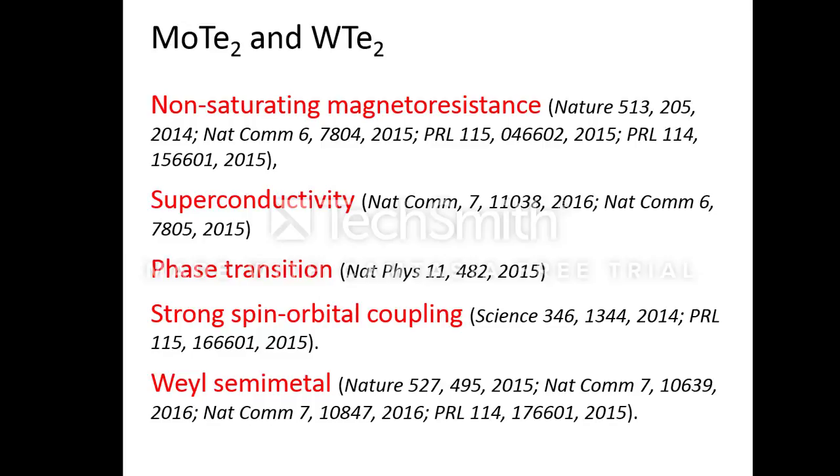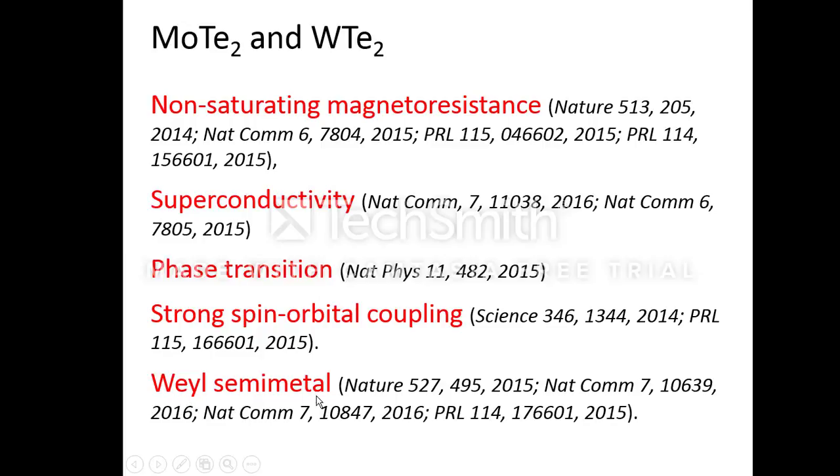And here I show you some key information for the telluride recently reported, like this non-saturating magnetoresistance. So this is in WTe2, and also the superconductivity, this is in MoTe2, and also the phase transition. I think both materials have it, and of course the strong spin-orbit coupling.